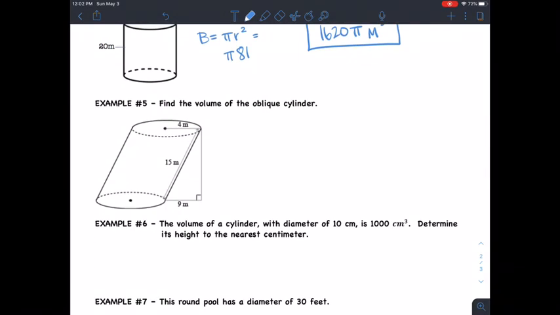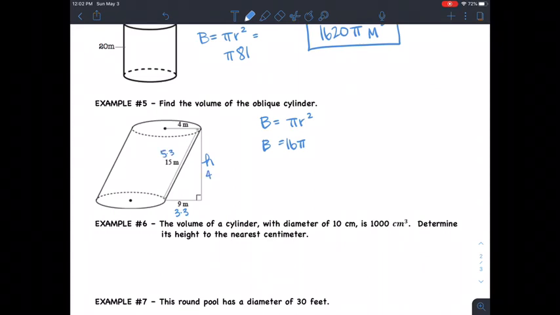Same thing here. We're going to use the height here, the perpendicular height from the two bases. And let's do our big B first. It's going to be pi r squared. So it's going to be pi times 4 squared, so 16 pi. And then we have a triangle here. If I back these down, this is 3 times 3 and 5 times 3.